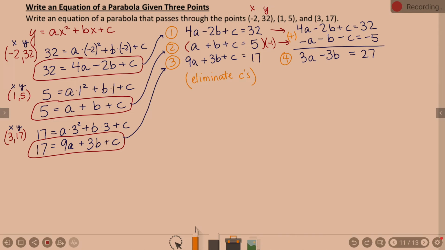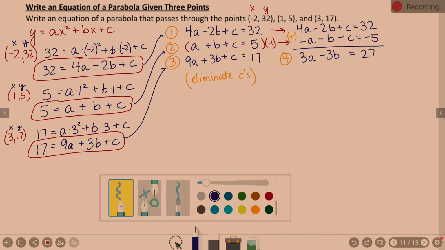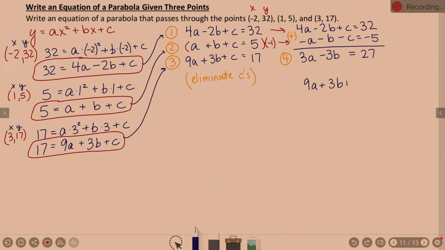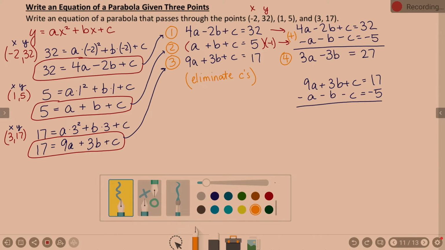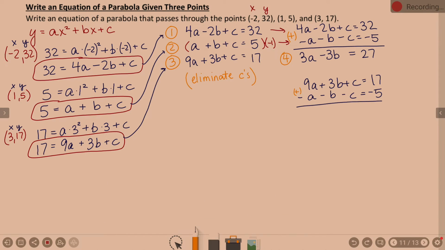So I'm going to use equation 3, which is 9a plus 3b plus c equals 17. And when I multiply equation 2 by a negative, it was negative a minus b minus c equals negative 5. Those equations are ready to add. So that was using equation 3 and equation 2.